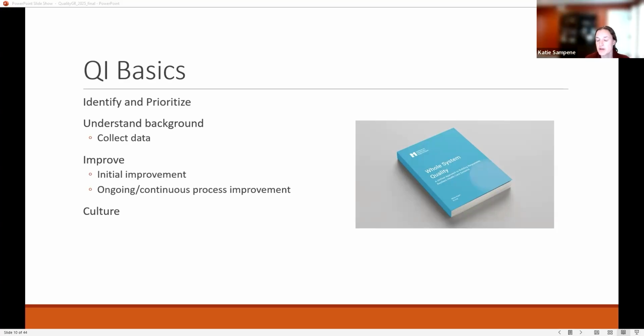For quality improvement, the hallmark is that you're going to show something continuous and sustainable. And so you're going to want to be able to show that over time. And that's where we'll get into talking more about cycles and things of that nature. It's also an opportunity to think about culture and improving culture from the standpoint of QI as well. Next slide.